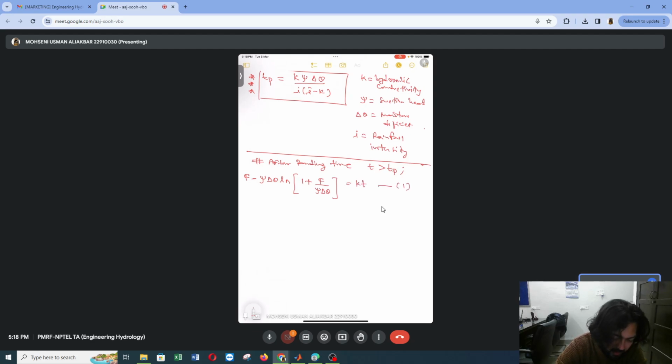This equation is nothing but equation 1. Now we are just going to replace t with tp and F with Fp. So we are taking the case of what is happening at the ponding time. So F would become the potential infiltration.